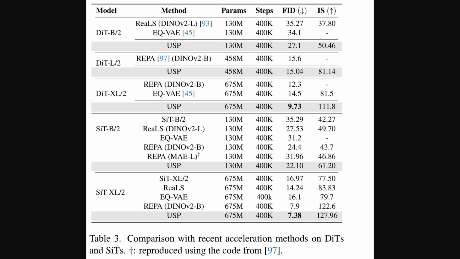You can see for DiT-XL/2, USP gets an FID of 9.73, which is noticeably better than the other methods listed there, like REPA and EQ-VAE. And for SiT-XL/2, USP achieves an FID of 7.38, again outperforming the competition. So this really shows USP isn't just faster. It also leads to better generation quality compared to these other acceleration approaches at this point in training.